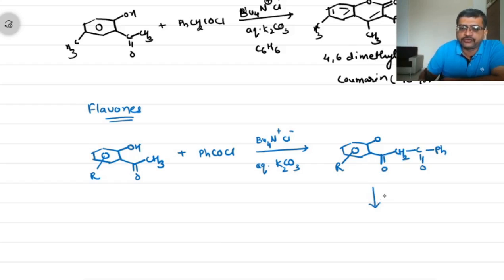A ring closing reaction can then be carried out so that we get the desired flavonoid. This ring closing reaction can be carried out via para-toluene sulfonic acid. Here R, we will have an O.